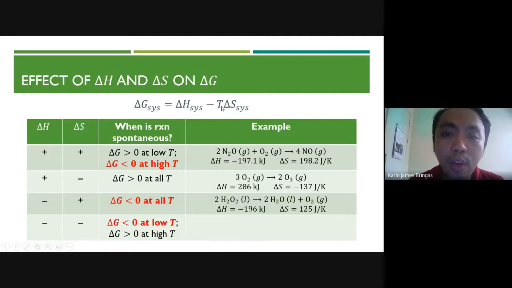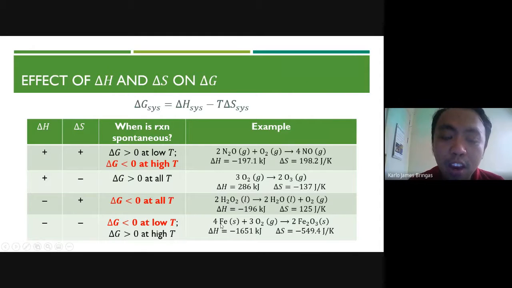However, if you now increase the temperature here in the second term, then itong second term natin will predominate. And since this second term is positive, remember, negative times negative is positive, then the delta G becomes greater than 0.